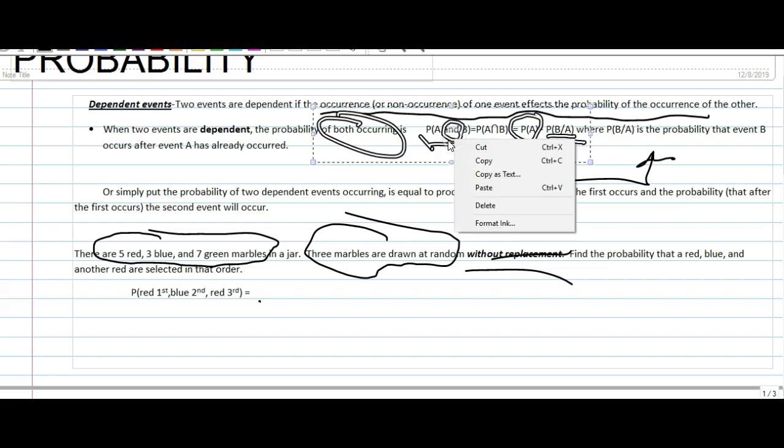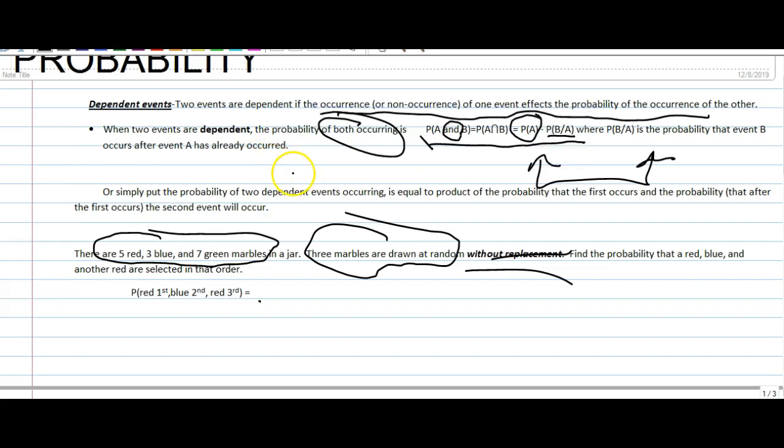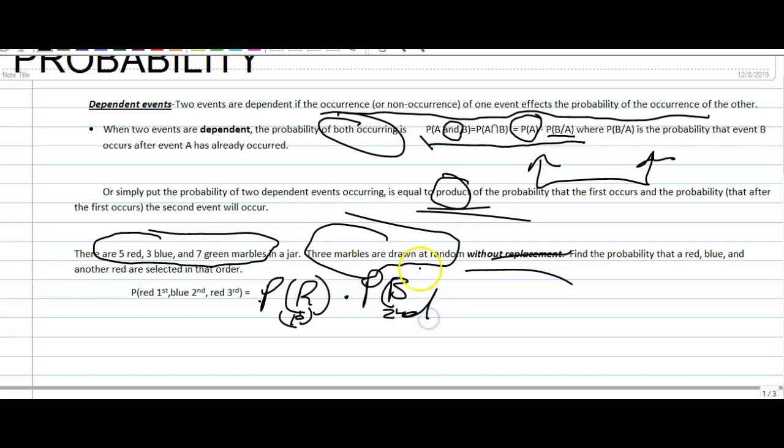In general, when we see the connective and, then we are going to multiply or find the product of their separate probabilities. So what's the probability of getting a red marble on the first draw, a blue marble on the second draw, and a red marble on the third draw?